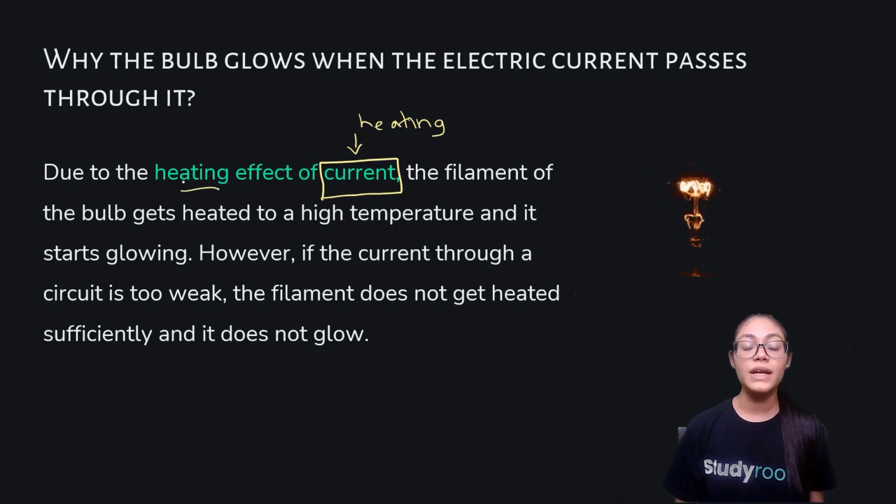So, due to the heating effect of electric current, the filament present in the bulb gets heated to a high temperature and it starts glowing. However, if the current through a circuit is too weak, then the filament does not get heated because the temperature doesn't rise and that's why it doesn't glow. Correct? Let's move on.